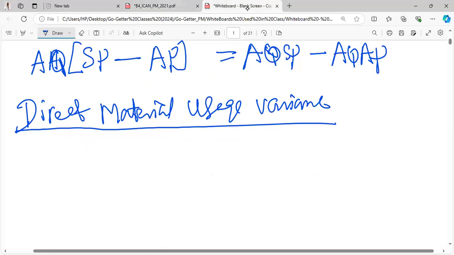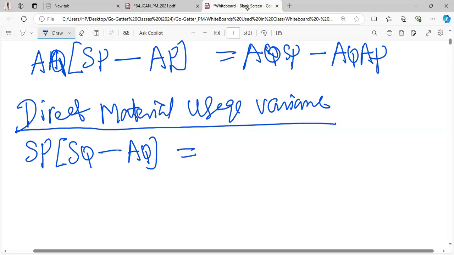Standard price. So I will come here and I will say standard price. I will say standard quantity for actual production minus actual quantity. So that is the usage. If you want to expand it to become standard quantity, standard price minus actual quantity, standard price.